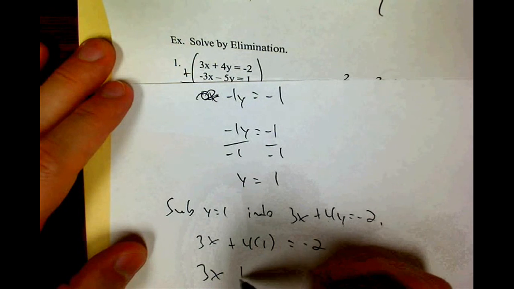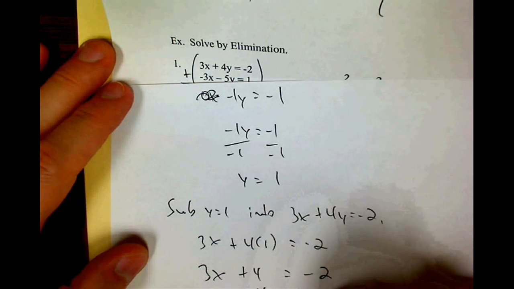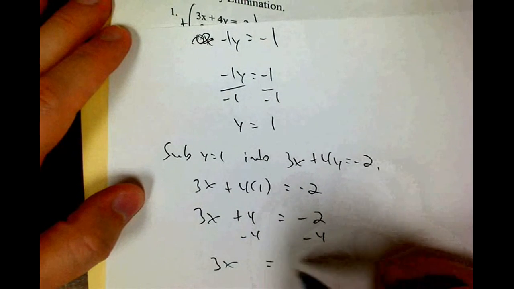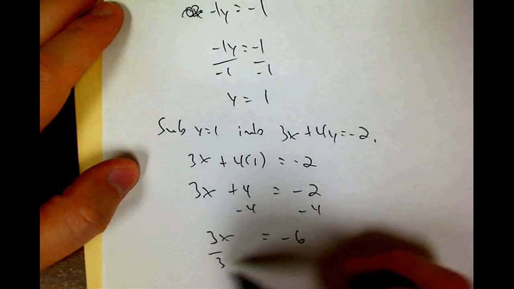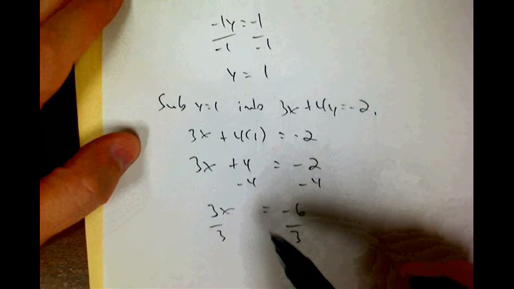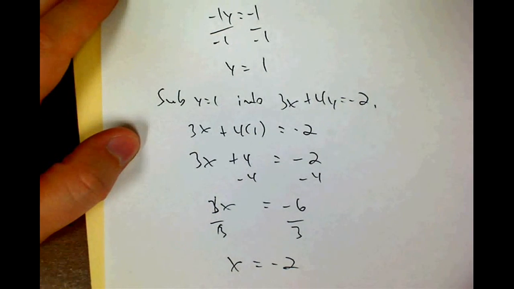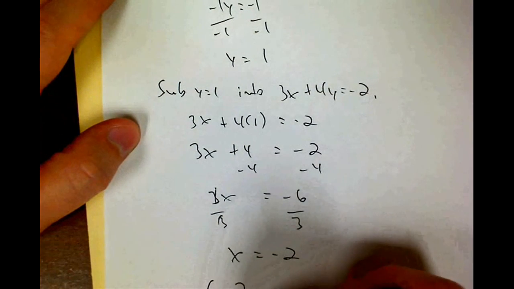If you can solve linear equations, you can do these. So I'm just following the same steps as I normally would. Everything I'm doing is trying to isolate the x. We end up with x equals -2. We had x equals -2 from y equals 1. That's our answer. (-2, 1).